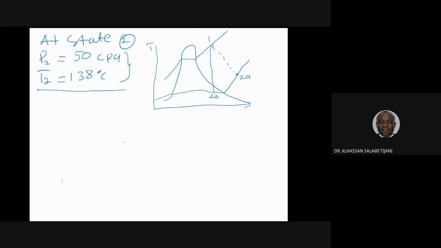For this particular question, all the parameters given, namely the temperature and the pressure, refer exactly to the actual operating condition of the turbine exit. It is not state 2S. This is the isentropic expansion part, and this is the actual expansion. All the parameters given in the question are related to state 2A. So therefore this should be 2A, like this.